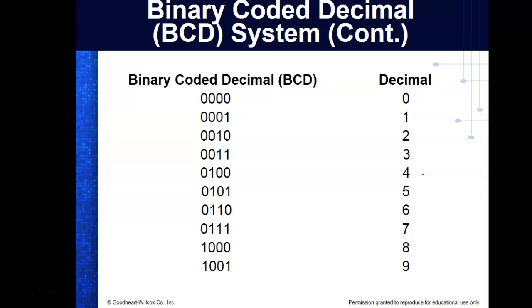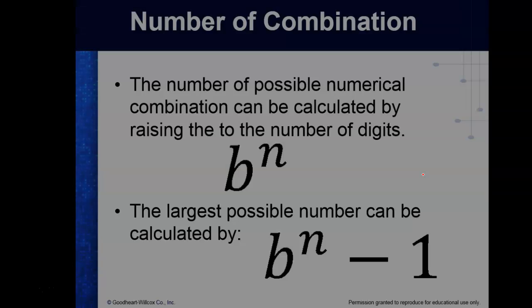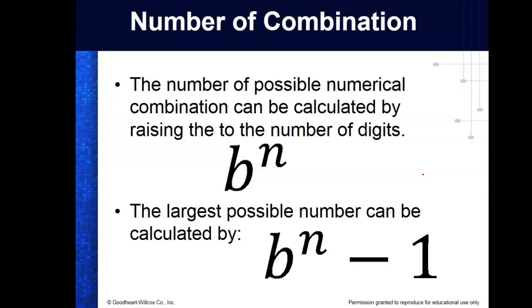We sacrificed 6 combinations in a weighted number system. The number of combinations, we already looked at this. The number of possible numerical combinations can be calculated by raising the number of the base to the number of digits. So base 10, 2 digits, I could have 100 combinations. That would be 0 through 99. The largest possible number you can calculate is the base raised to the number of digits minus 1.